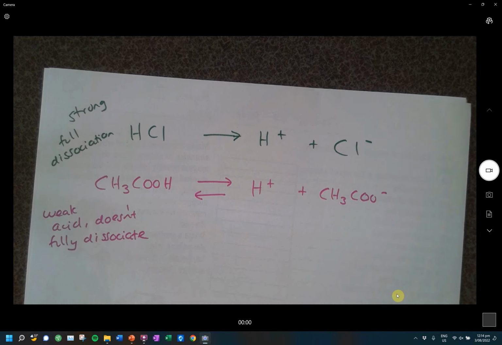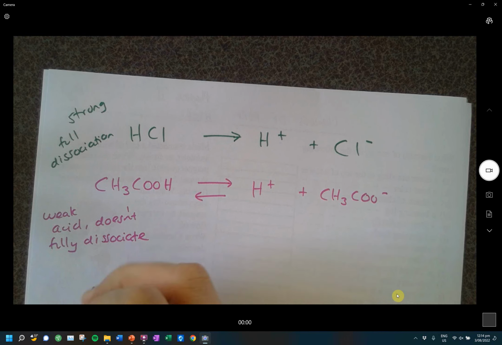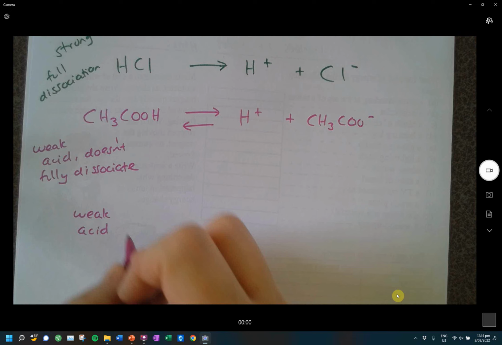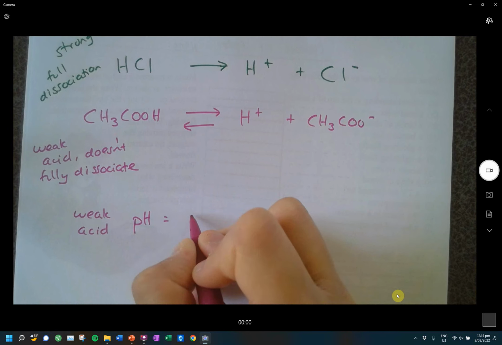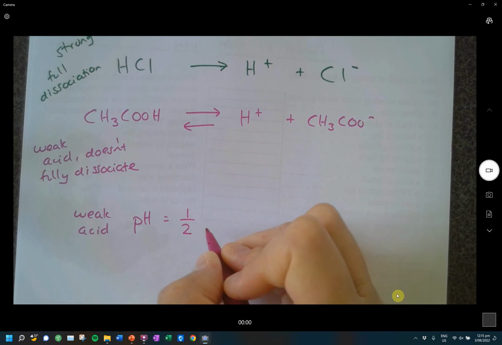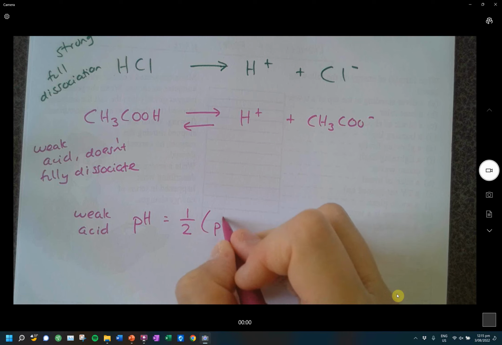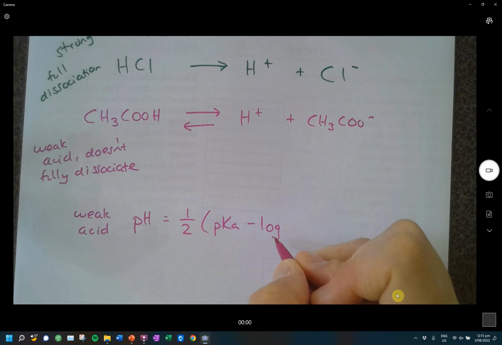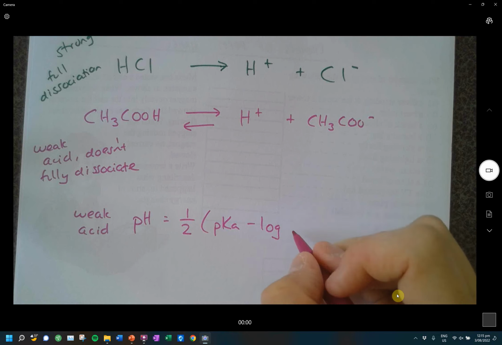When I have a weak acid and I want to figure out pH, if I want to figure out the pH to a weak acid, the equation changes to being a half of the pKa value minus the log of the concentration of the hydrogen ion.